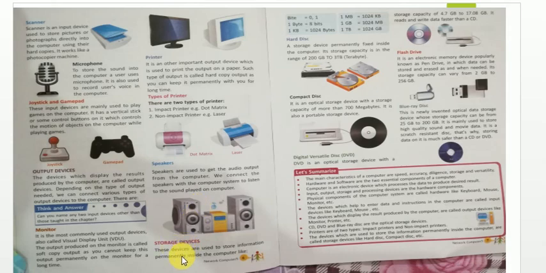You can be well aware of storage devices by the name itself. Storage means to store something. These devices are used to store information permanently inside the computer. Here you can see a byte is equal to 0, 1. What is a byte? A byte is a unit of storage.